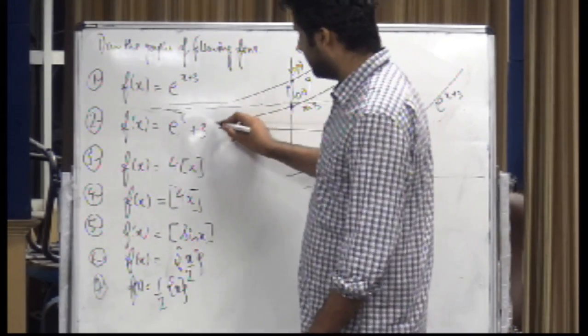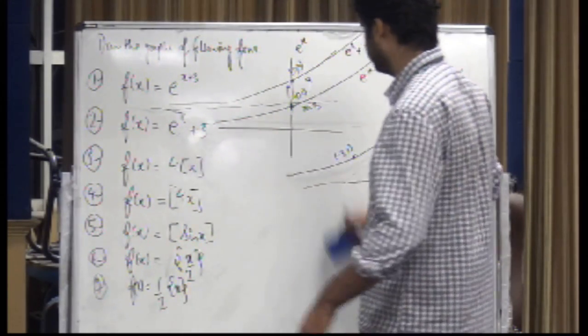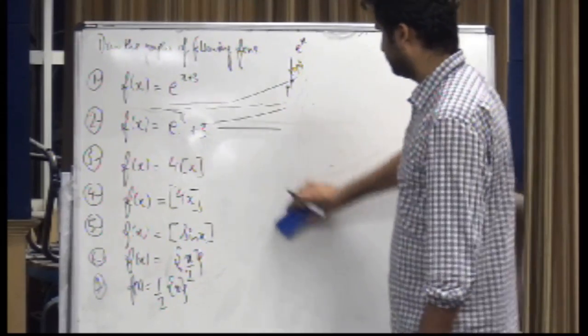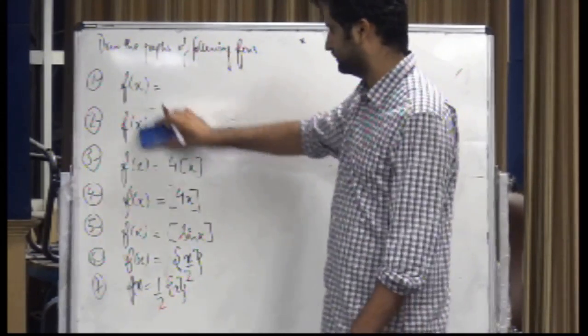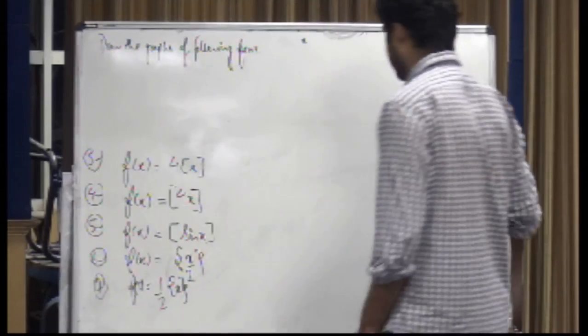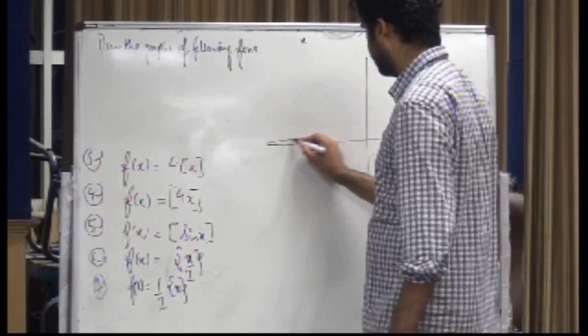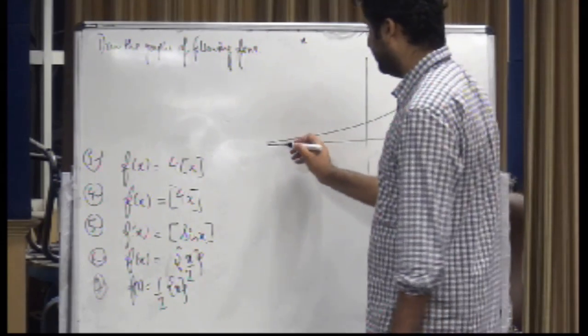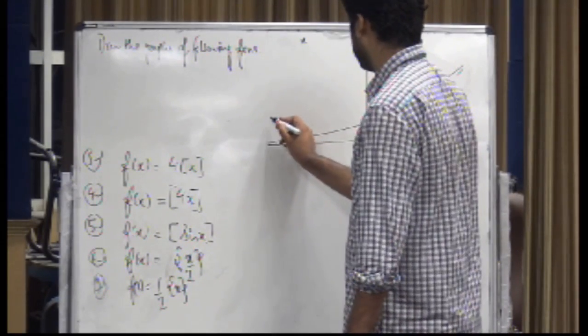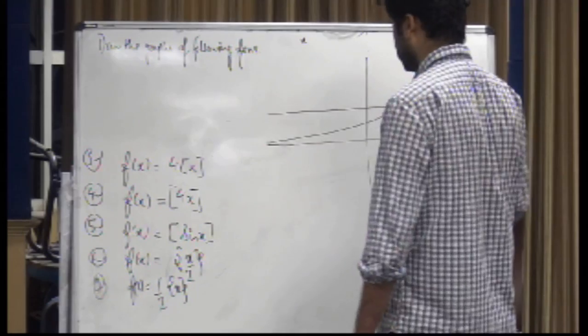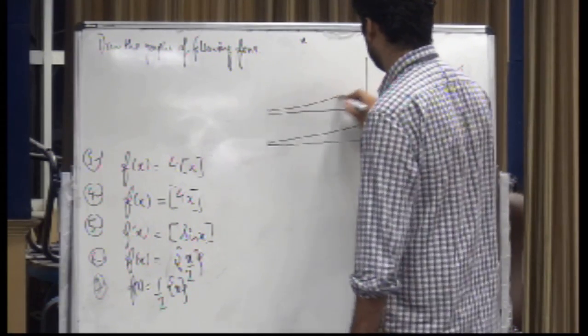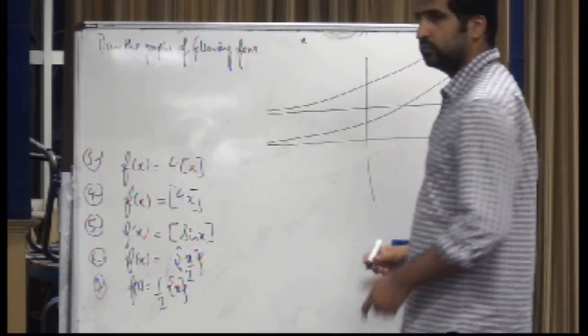So the same nature this graph was like e to the power x, was going from here to here, right? So you just pick it up 3 units. The same nature will be over here, right?